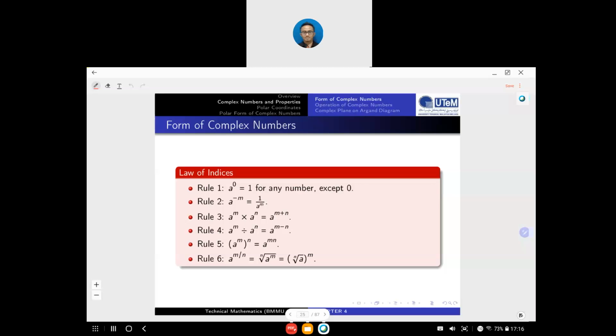And then the last one, no real roots. For example, when you want to solve x squared plus 1 equal to 0, it becomes x squared equal to negative 1. Then taking the square root, you get the square root of negative 1, which we cannot solve in the real numbers. But if you solve the square root of negative 1, you get plus or minus i.